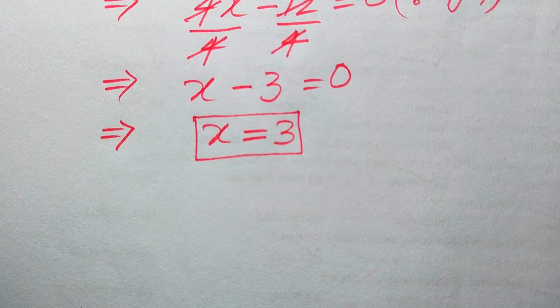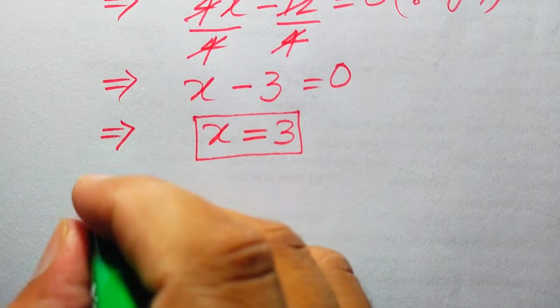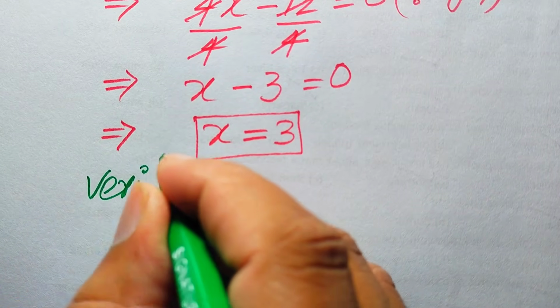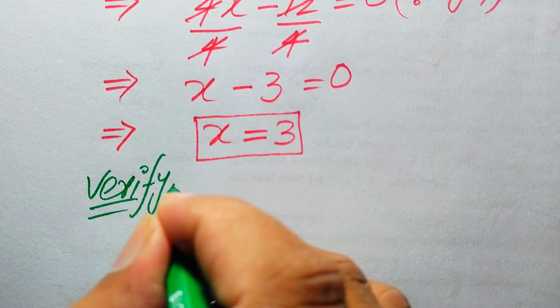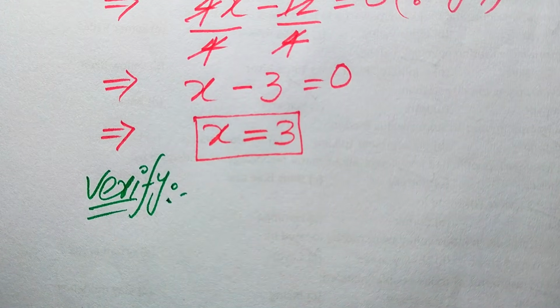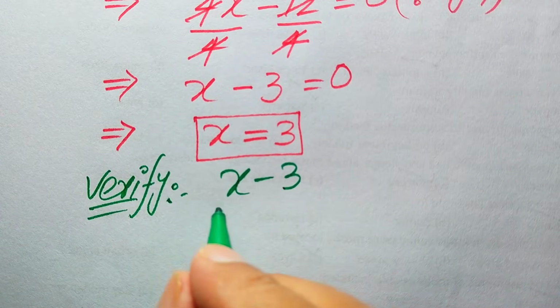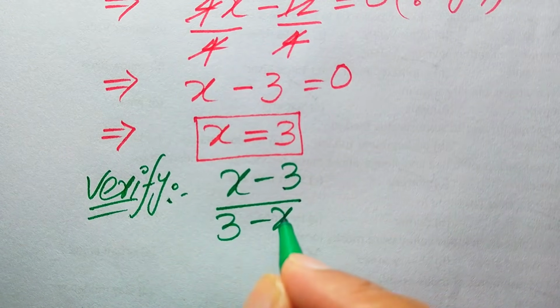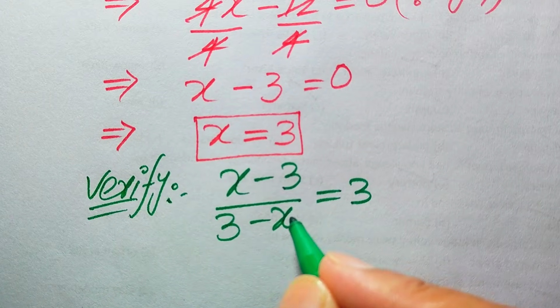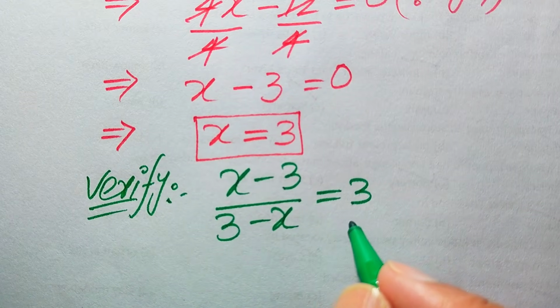Now we need to verify whether this value of x is a solution or an extraneous root. For verification, we copy down the given question statement: (x − 3) divided by (3 − x) equals 3.